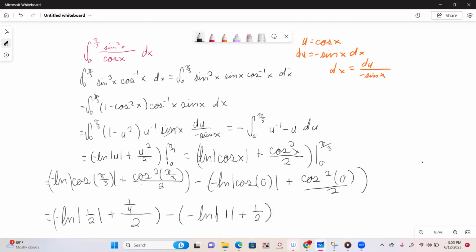Now remember, ln of 1 is actually 0, so this is actually just going to turn into negative ln of 1/2. Remember, keep change flip, it is going to turn into plus 2/4, which is going to be half.